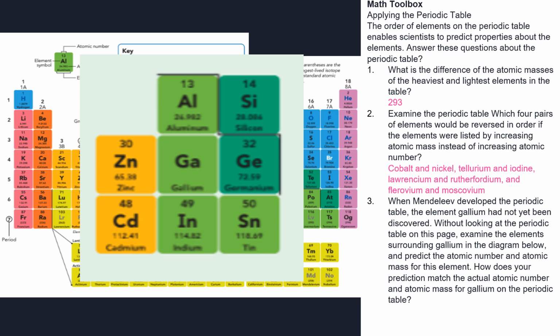So we know that the atomic number is going to be between 30 and 32, and that the atomic mass is going to be between 65 and 72. Therefore, we'll have an atomic number that is 31, and atomic mass should be around 69, or halfway between the values of zinc and germanium.